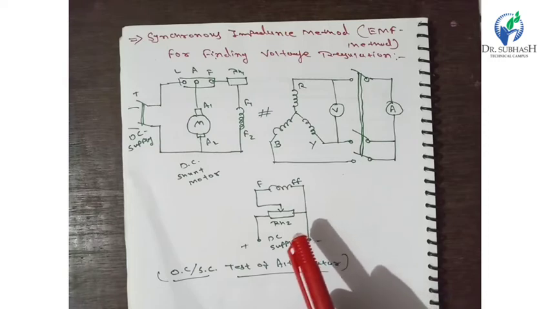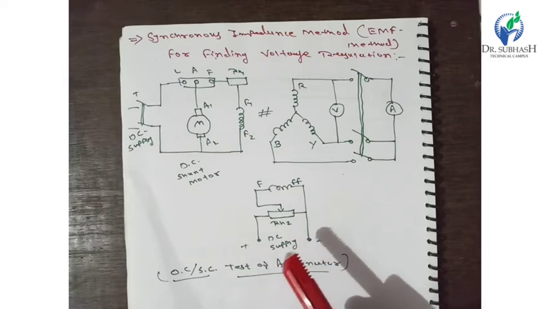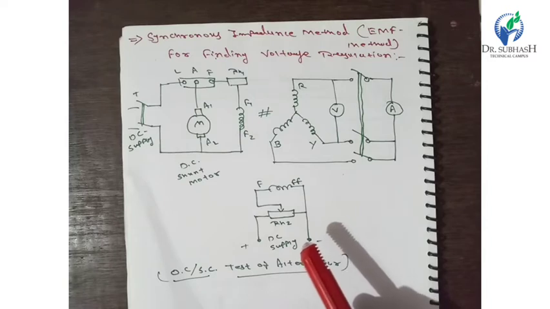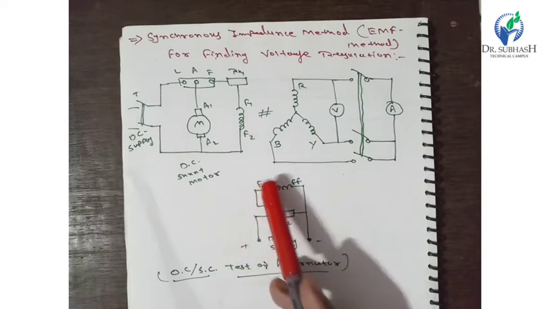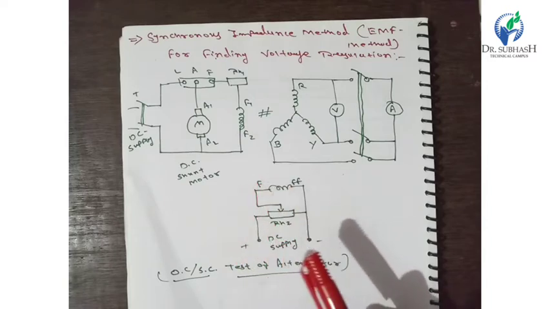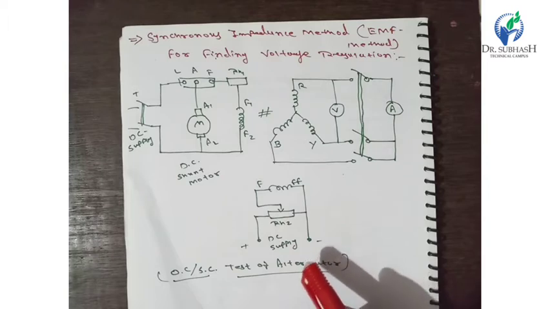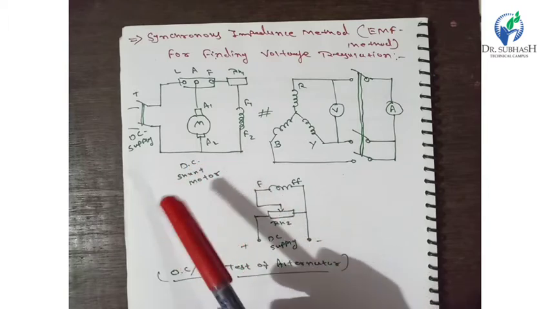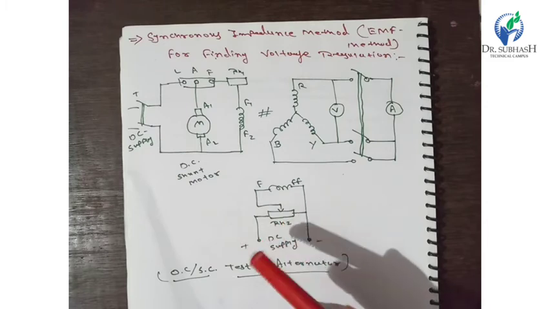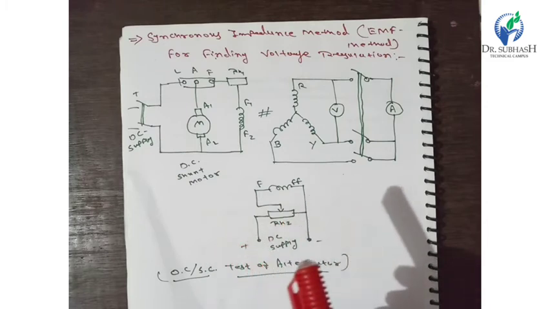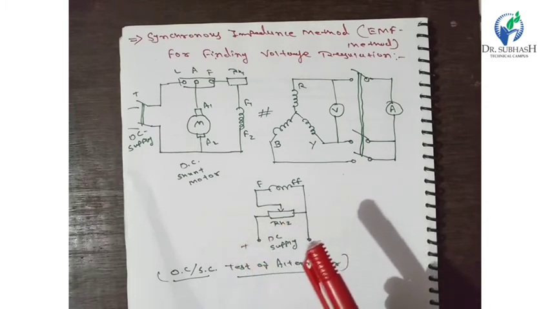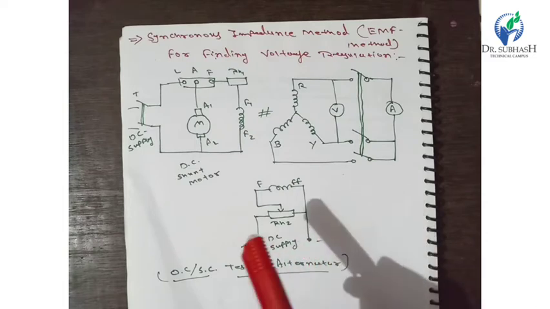In an open circuit test, the connections are made as per the diagram shown in this figure. The switch is kept open and the DC motor is switched on. The speed is adjusted to the rated speed of the alternator.